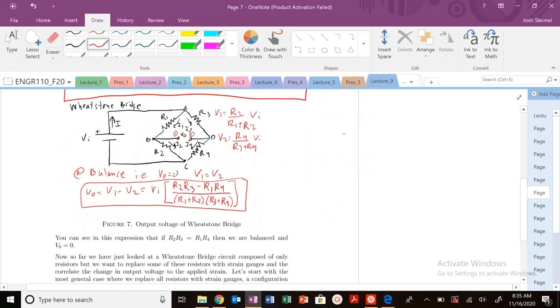But what we want to do now is take this circuit, and for certain applications, instead of having resistors here, I'm going to erase that and put some strain gauges here.